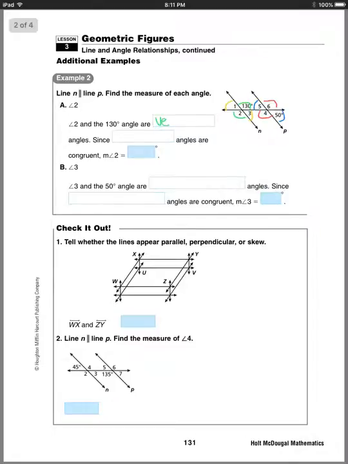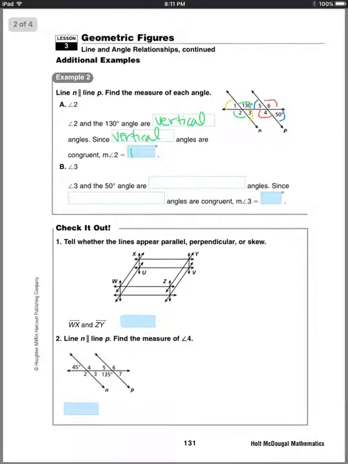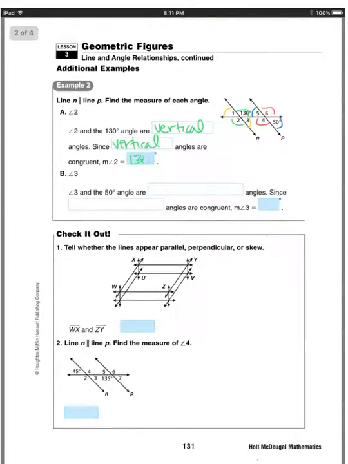They are vertical angles. So since vertical angles are congruent, the measure of angle 2 is also 130 degrees. Now we are going to try and find the measure of angle 3, which is right there.